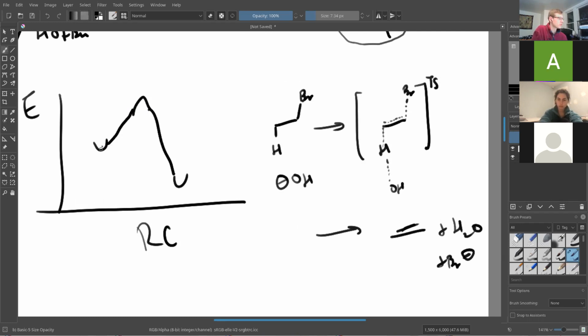Exactly which of the start and the end is higher or lower will depend on what reaction you're doing. I don't think you could say in general which of the two will be higher or lower. But if anybody has any insight on that.